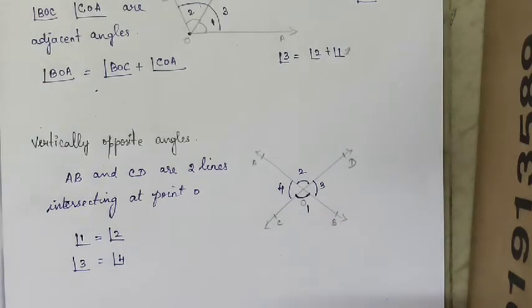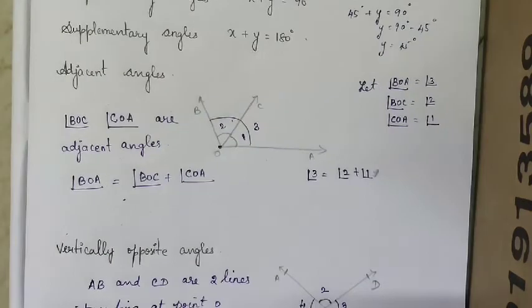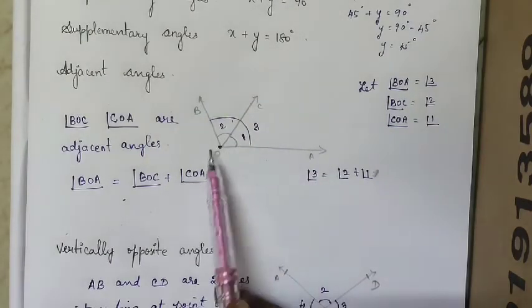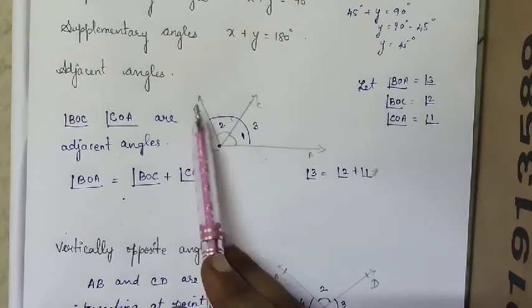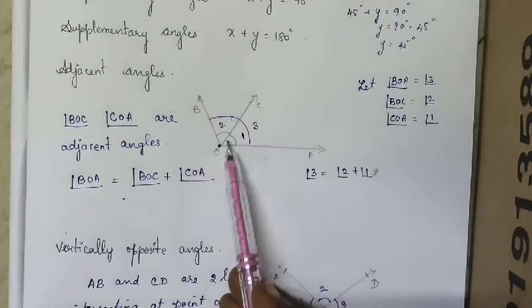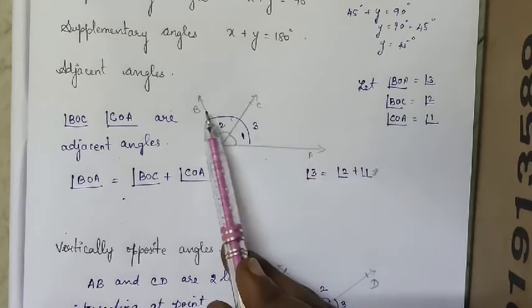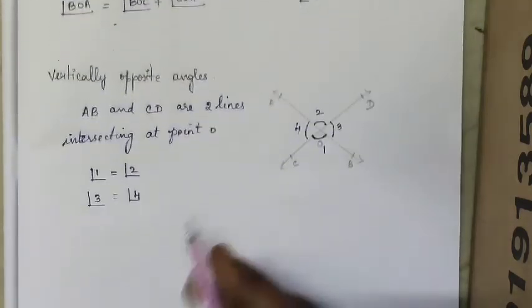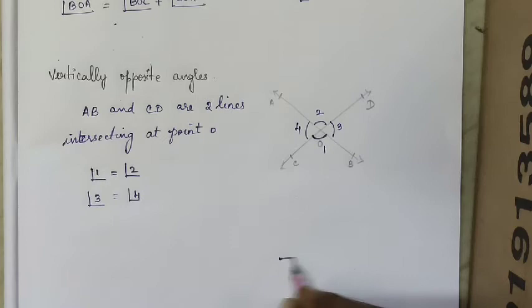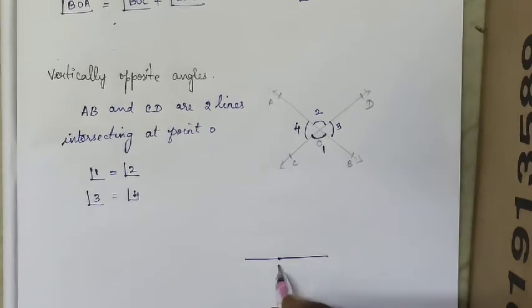Now take these adjacent angles here. These two are non-common arms and this is the common arm. Now this is like an obtuse angle here. Suppose OB and OA lie on a straight line, then this makes an angle of 180 degrees.